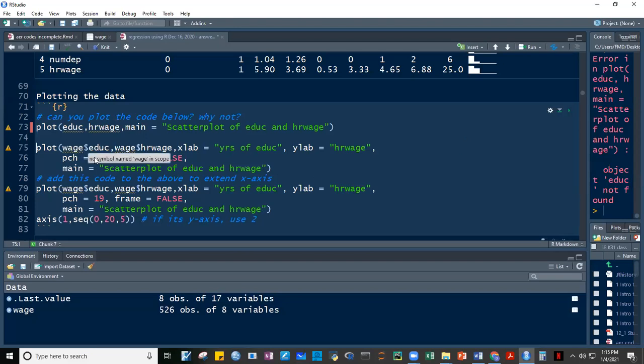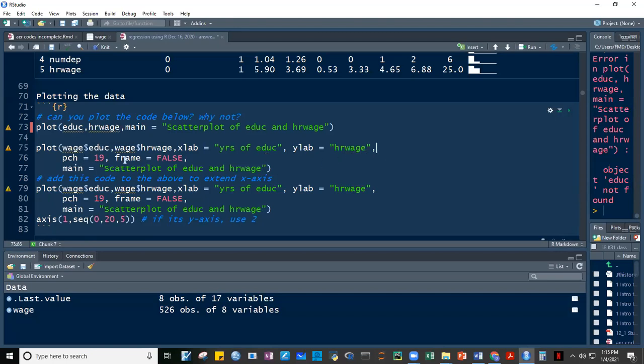Okay, take a look at this. Wage, education, wage, hourly wage. So we're telling R to plot the education which comes from the object wage, and also hourly wage which comes from wage. And our X label is years of education, Y label is hourly wage.